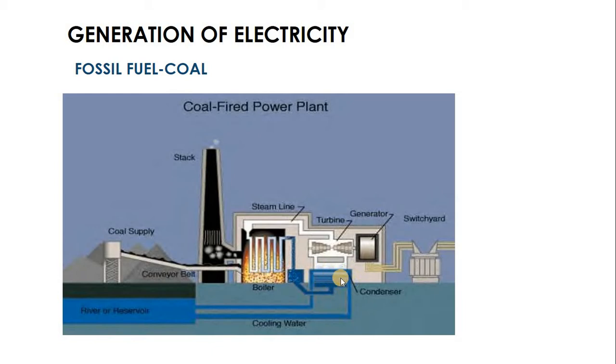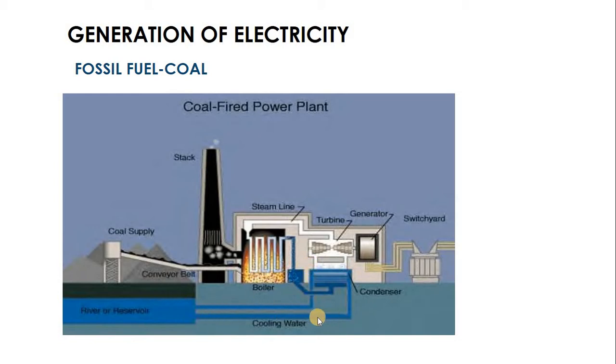Now, the idea of the condenser here is to convert the steam back into water. Since the steam is water in expanded form, if it reduces its energy, it will be converted back to water. In the condenser, water is usually channeled from a reservoir where we have cool water, and the cool water is pumped into the condenser and then goes back.